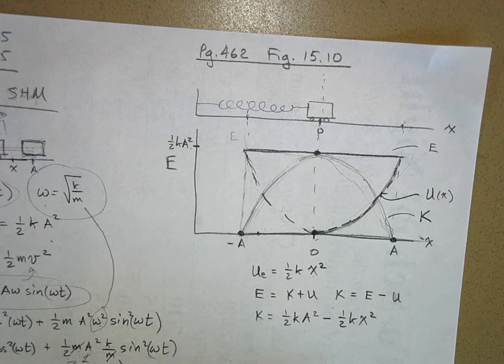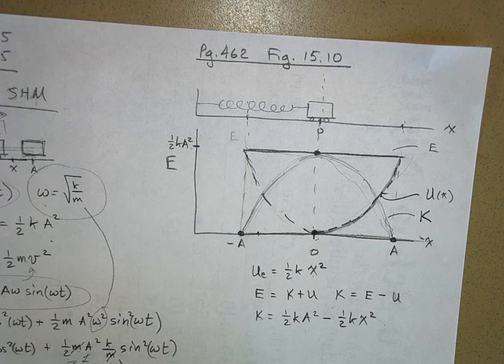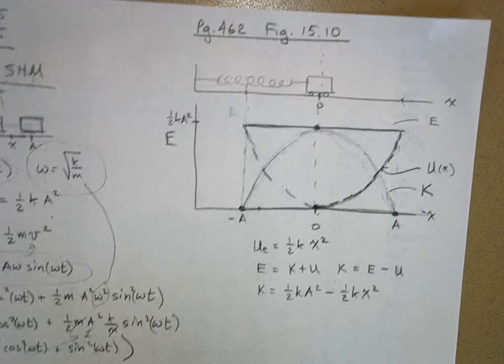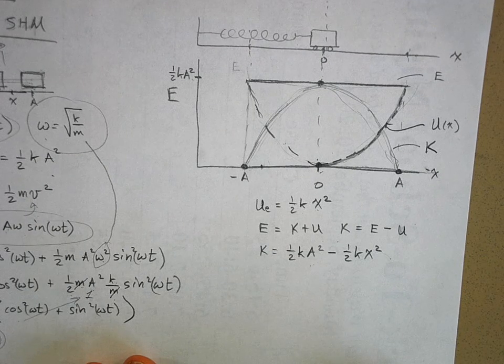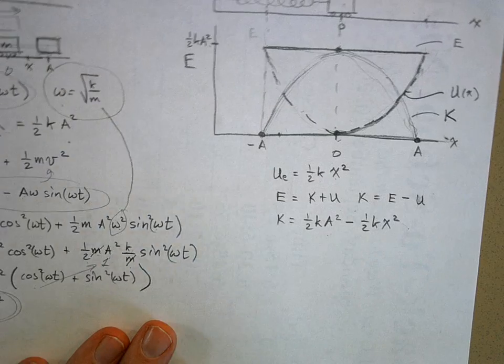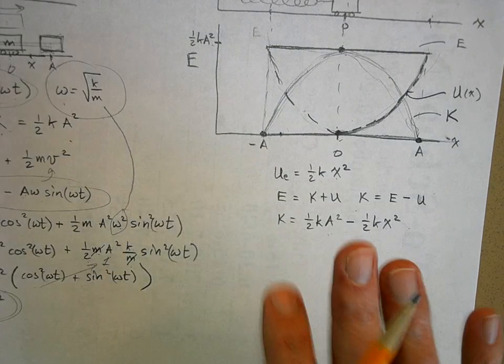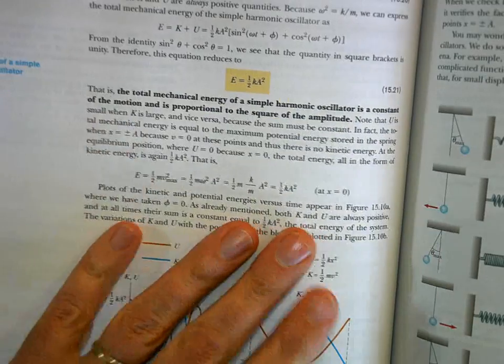We can also think of the energy as a function of time. And rather than redraw it on here, I'm going to show it in the book, because the book does a much better job than what I can draw. And here's the magic of the document camera.